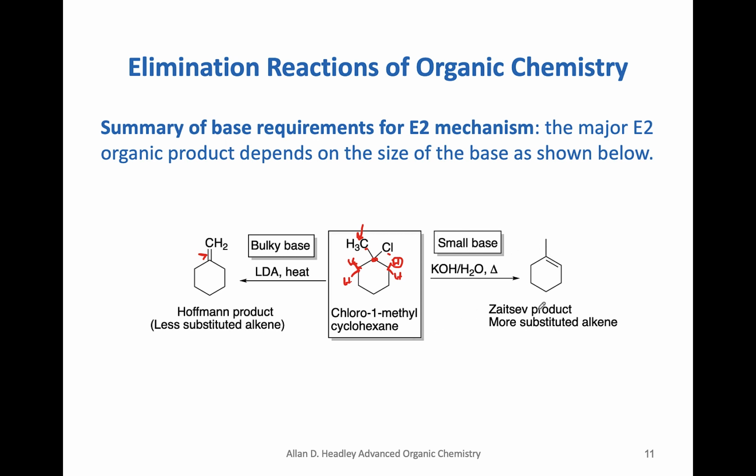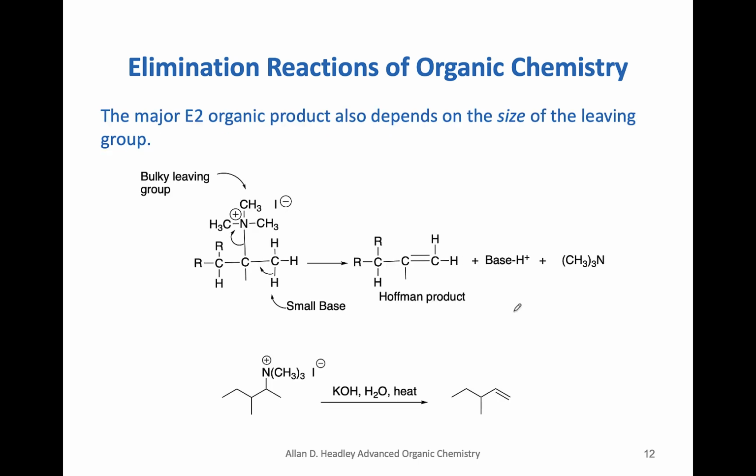Some terms that you should be familiar with based on your previous organic chemistry course: this is called the Zaitsev product, and this is called the Hofmann product. The less substituted alkene is the Hofmann product, and the more substituted alkene is called the Zaitsev product. So just remember those names as you read through the different literature.